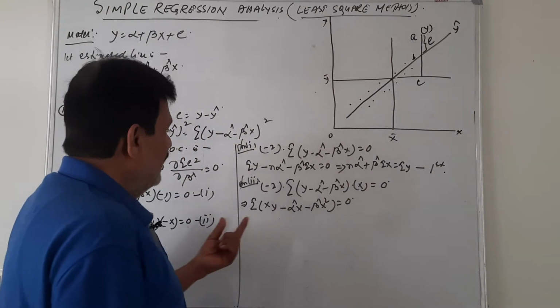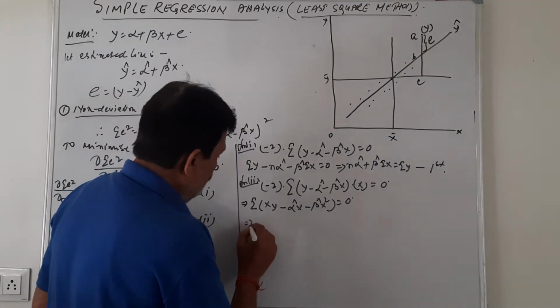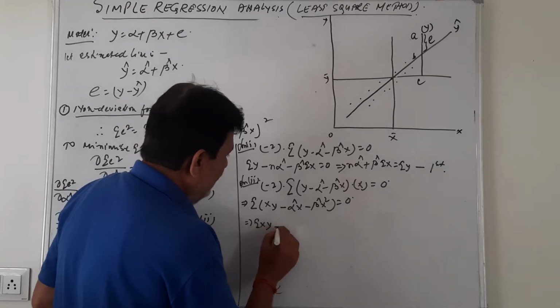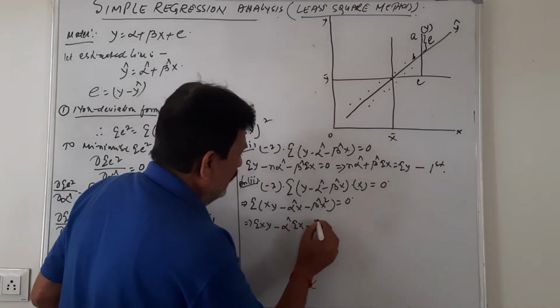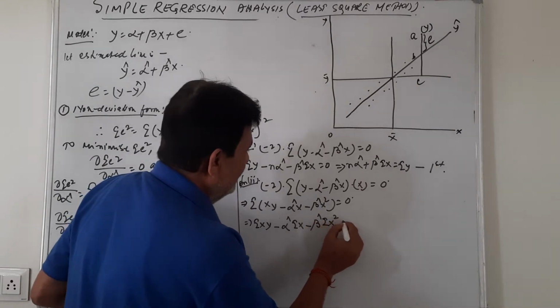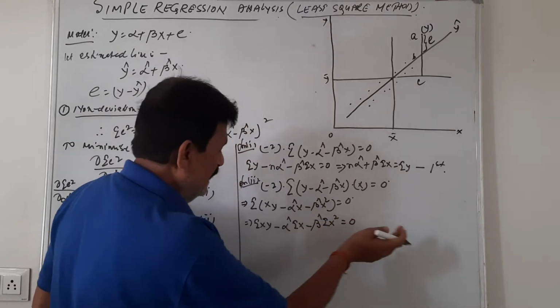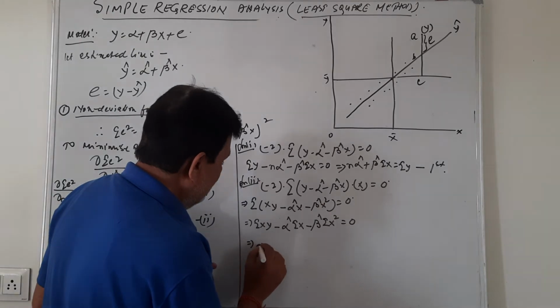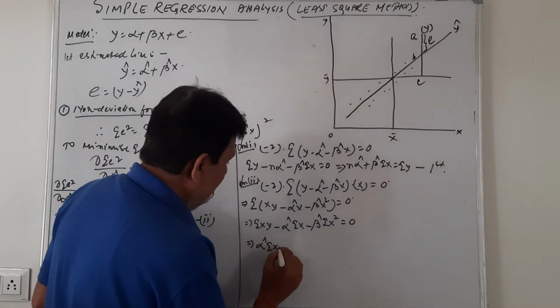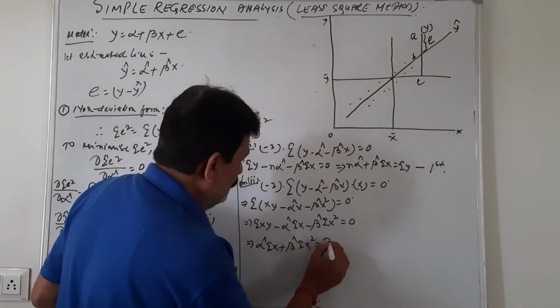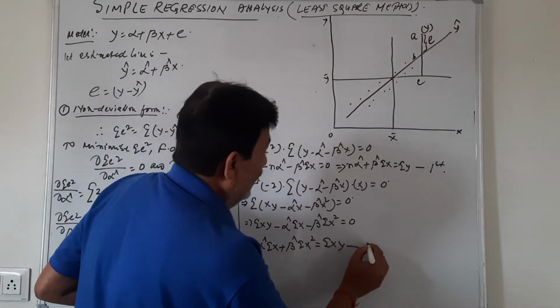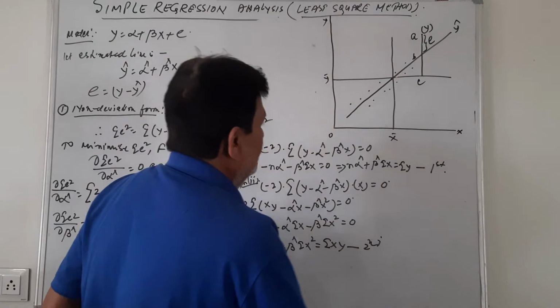Now let us separate these three terms: summation xy minus alpha cap summation x minus beta cap summation x square equals 0. Taking these two to the other side, alpha cap summation x plus beta cap summation x square is summation xy. This is the second normal equation.